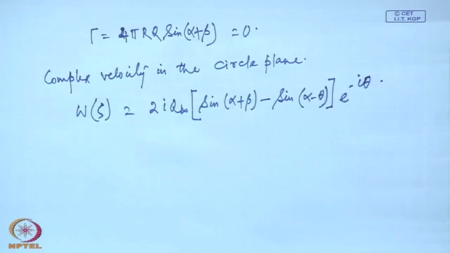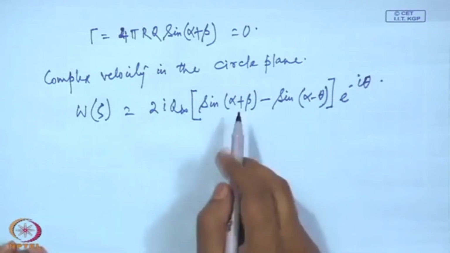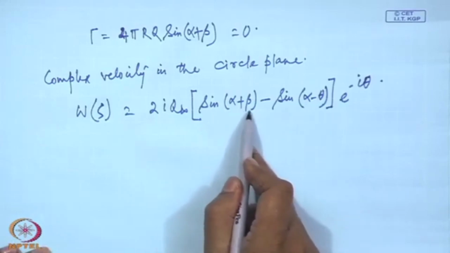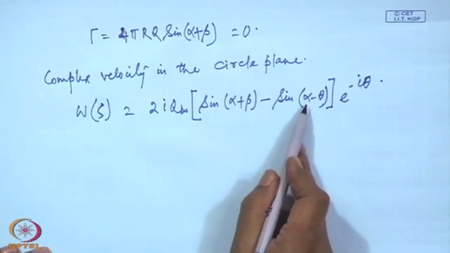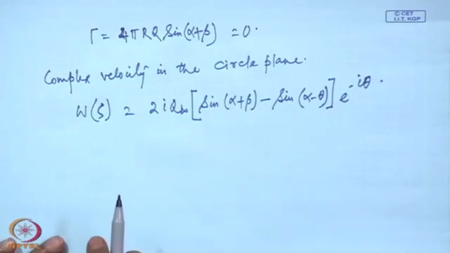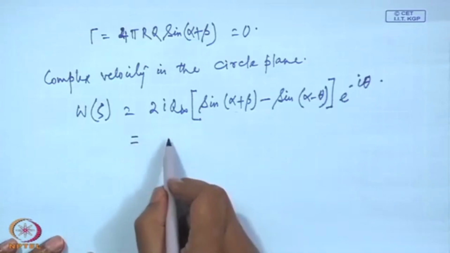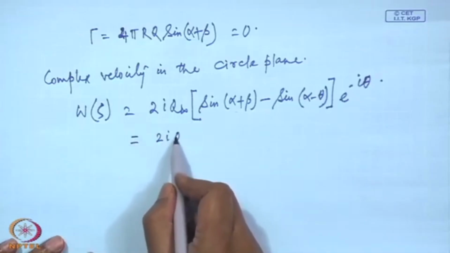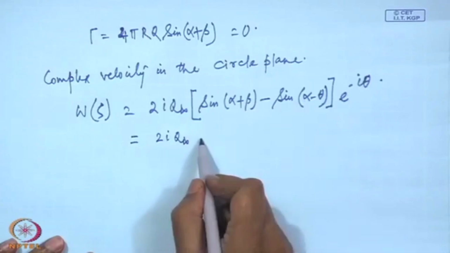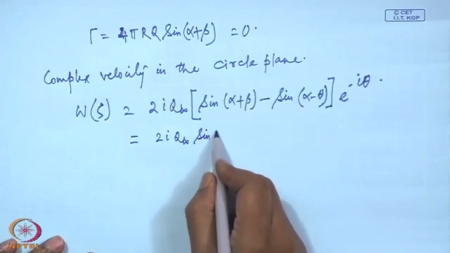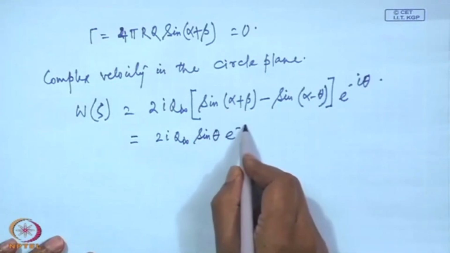Now, in this case we have all the values. We are interested at theta equal to pi by 3, and for this particular case alpha is 0, beta is 0. So, the first term is 0, and here it becomes plus sin theta only. This gives 2 i q infinity sin theta e to the power minus i theta.